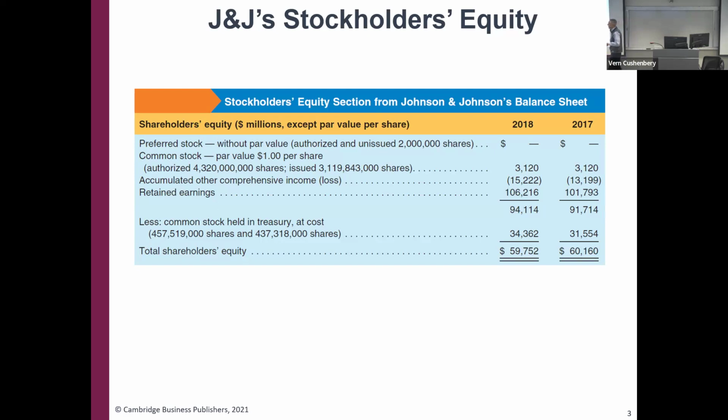So par value, last week when we talked about bonds, I mentioned that bonds used to trade in physical certificates. And on the face of the bond, there would be some face value, usually $1,000 or something, but that wasn't necessarily tied to what the bond was really worth. Well, stocks are similar, but the par value is typically a penny.